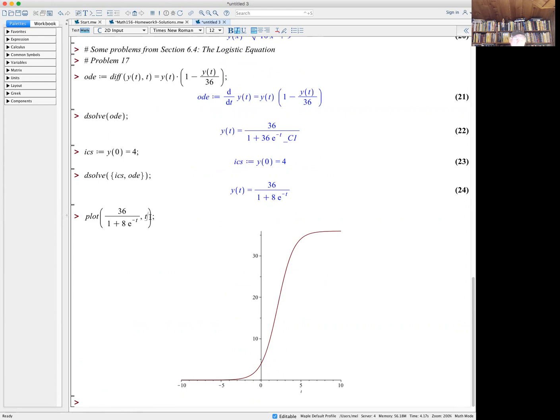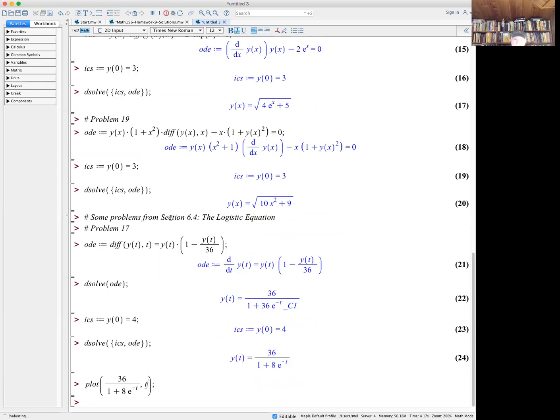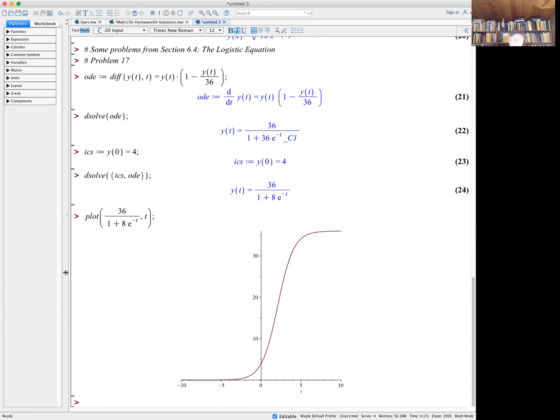If we start at t equals 0, just plot it from 0 to 10, nope, looks like that. No, that's what it looks like. It's exactly the kind of curve you see in the book. So this is really very nice.